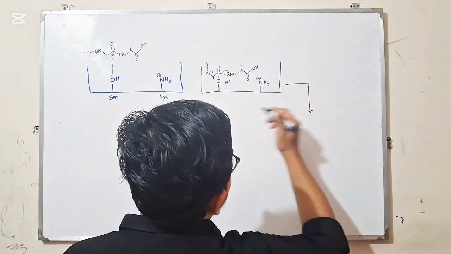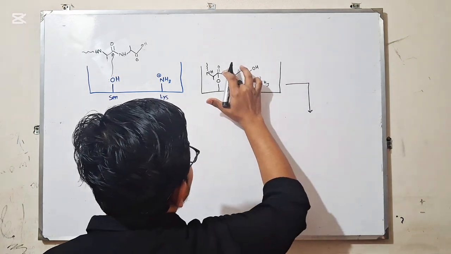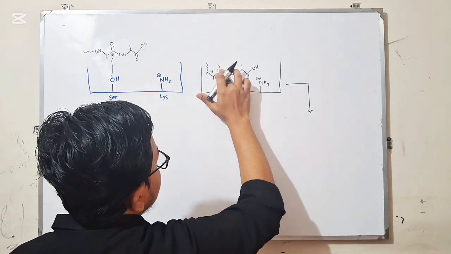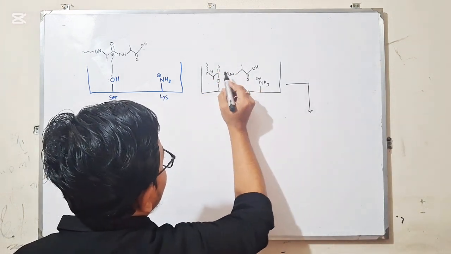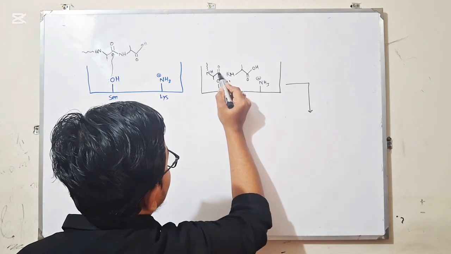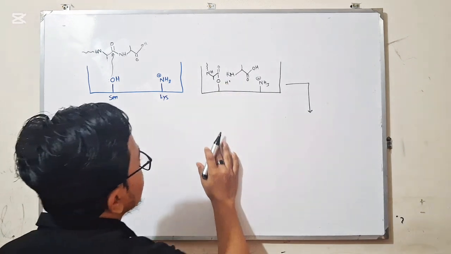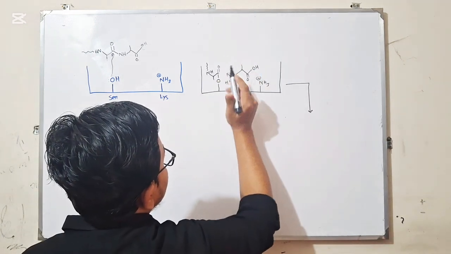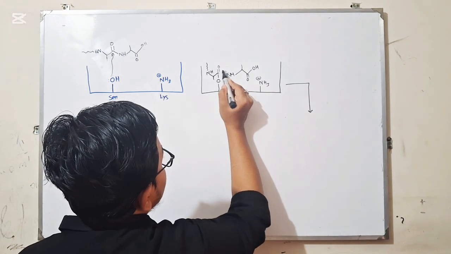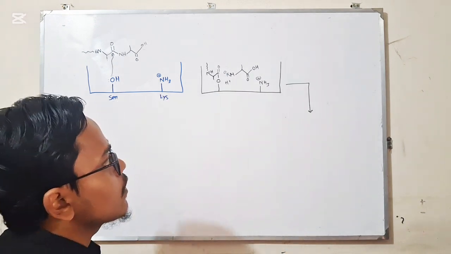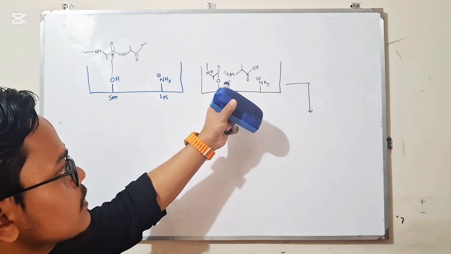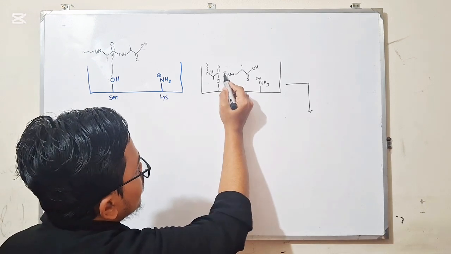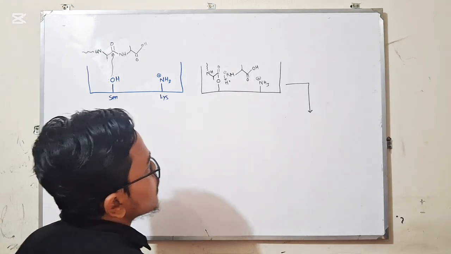In the next step, you will see it like this, and this nitrogen has taken the electron, so it can take this hydrogen.